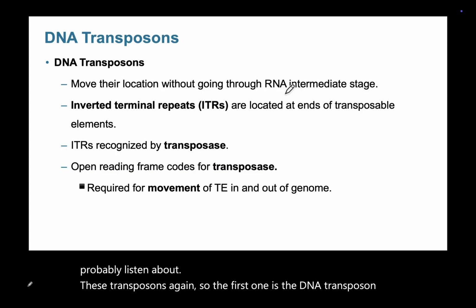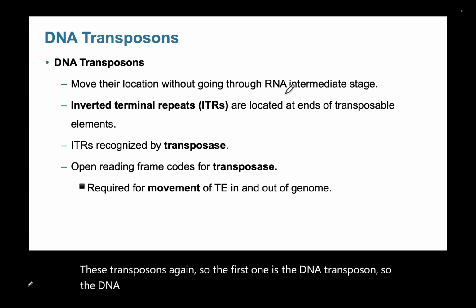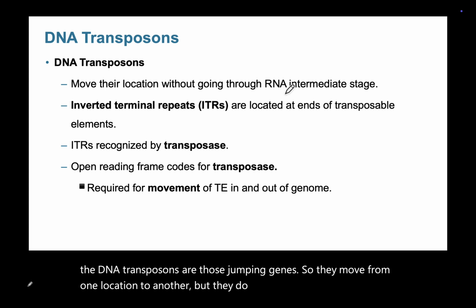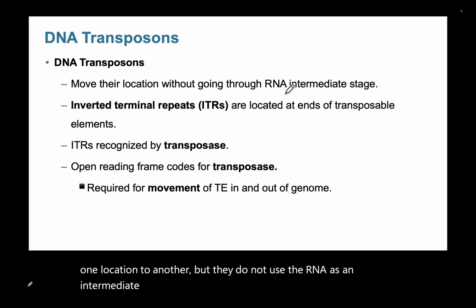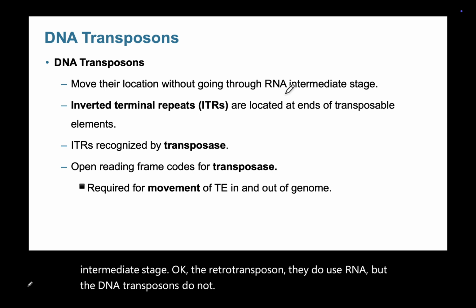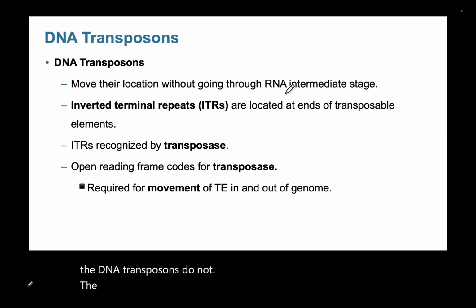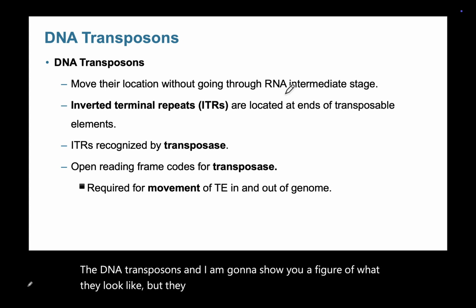So the first one is the DNA transposon. The DNA transposons are those jumping genes that move from one location to another, but they do not use RNA as an intermediate stage. Okay? The retrotransposons do use RNA, but the DNA transposons do not. The DNA transposons, and I am going to show you a figure of what they look like, have these ITR repetitions.